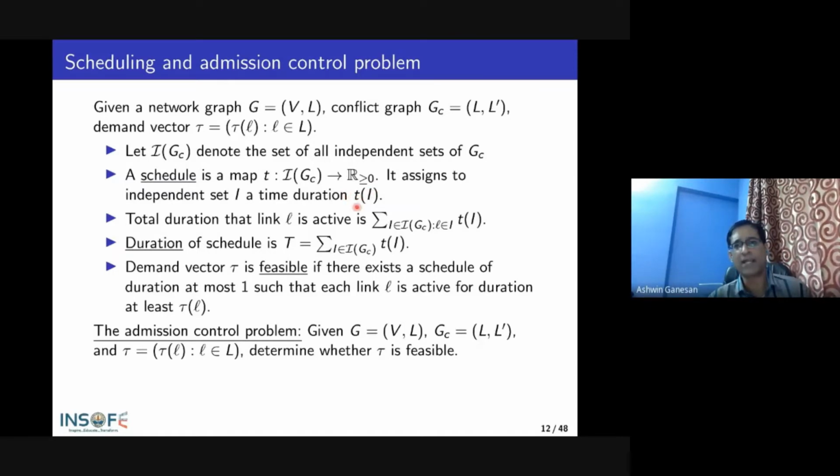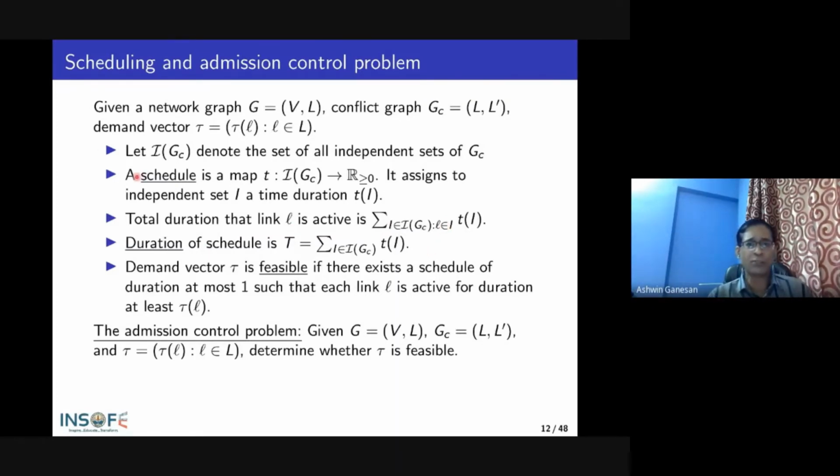So T of I is the fraction of every unit of time that the independent set I would be active for. Now, the total duration that a link L is active is the sum of the durations of all the independent sets which contain the link L.